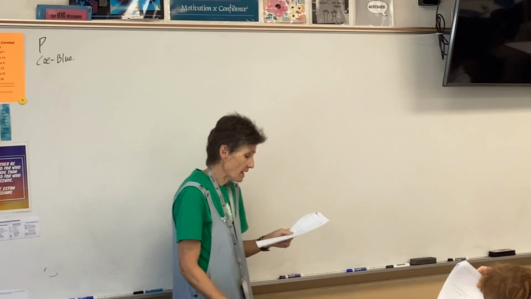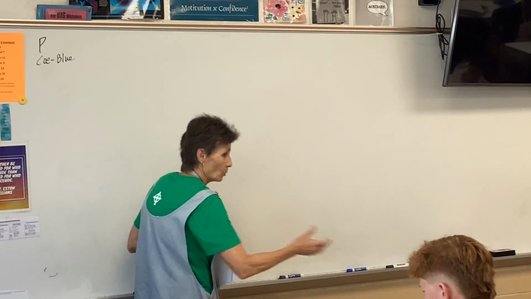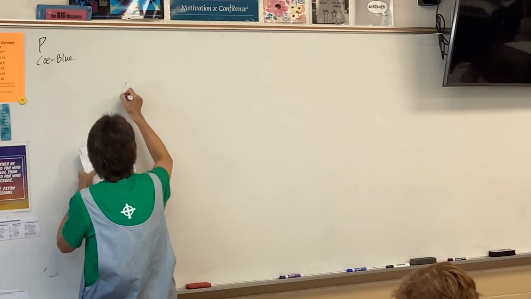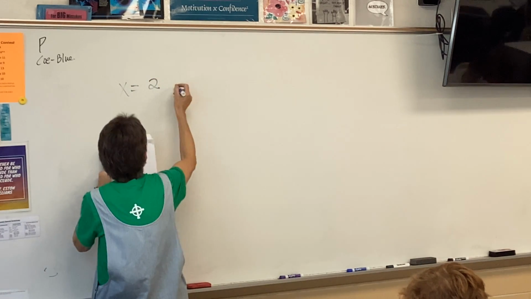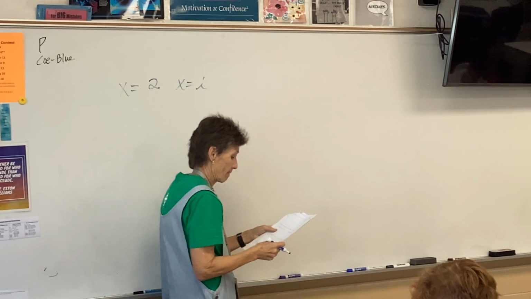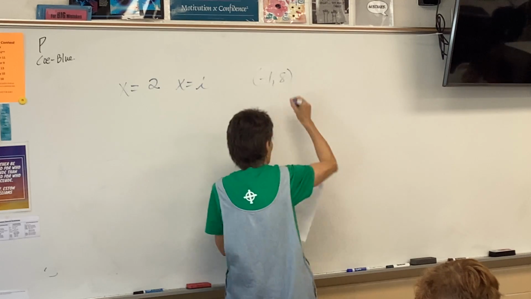So we have a polynomial with zeros of 2 and i. And it contains the point (-1, 8).